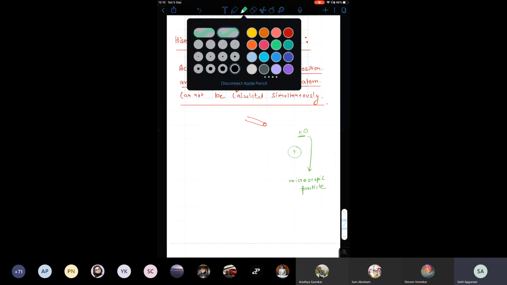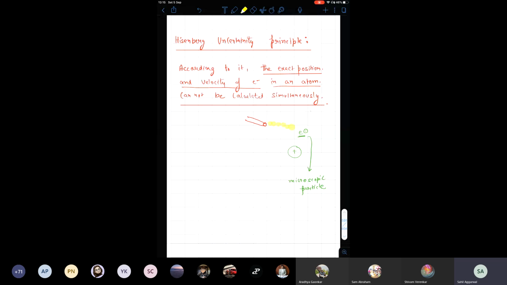You have to use some microscope kind of thing to locate it. Without that, it won't be possible. To locate the electron, you have to use a high resolution microscope.